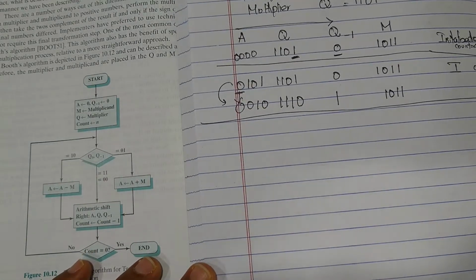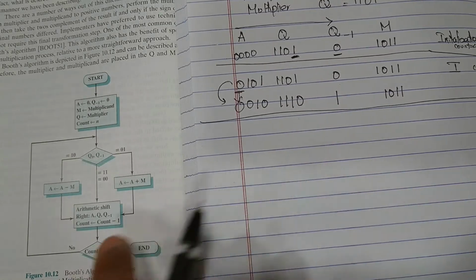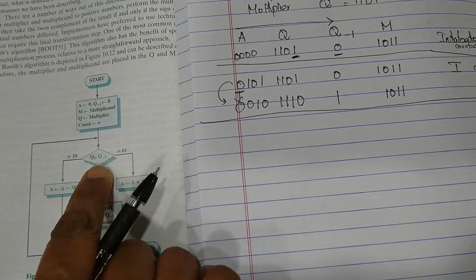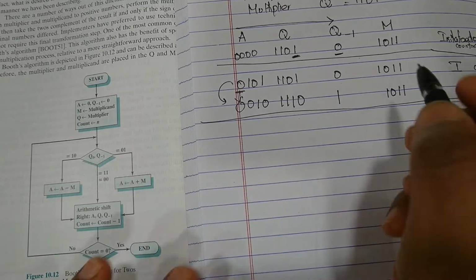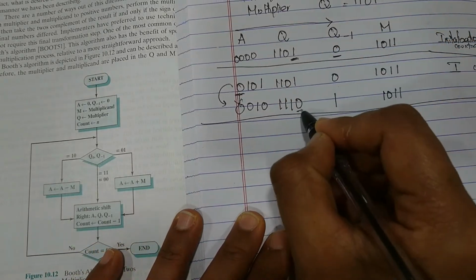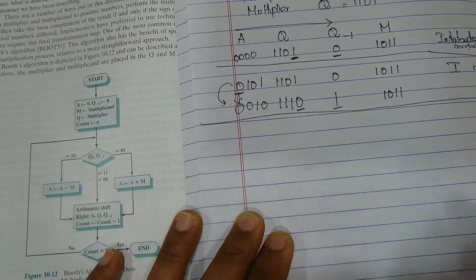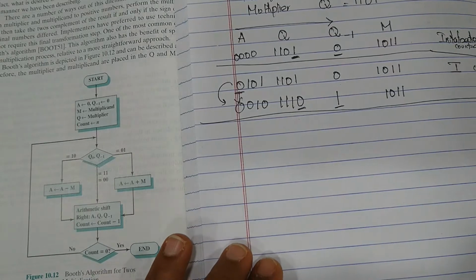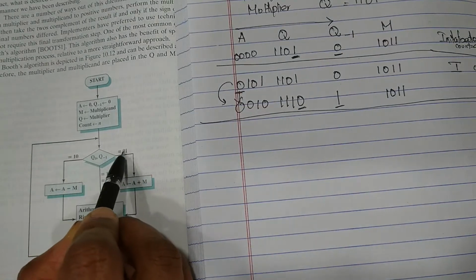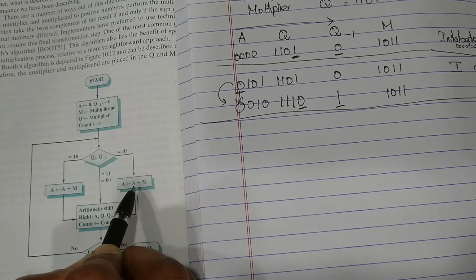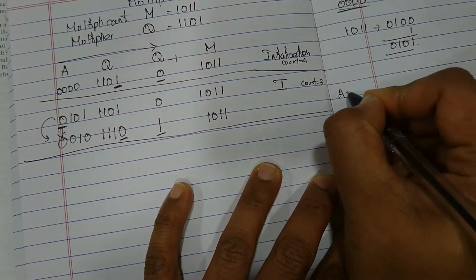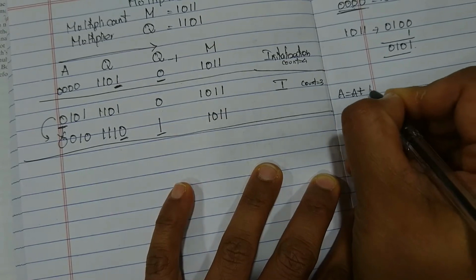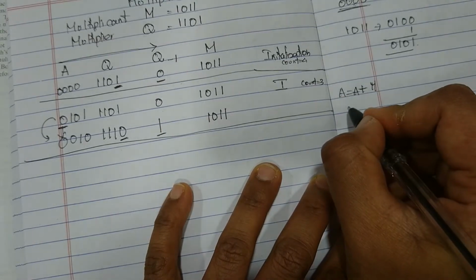Okay, let's continue. Now again I go back to the loop and I'm checking Q0 and Q minus 1. What is the combination? 0, 1. If it is 0, 1, I do A equals A plus M. What is your A?